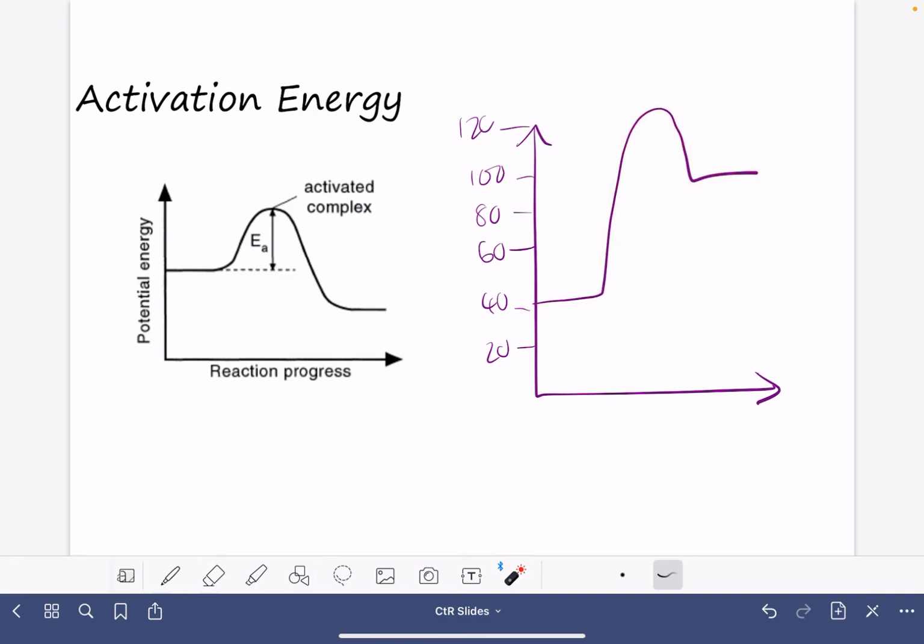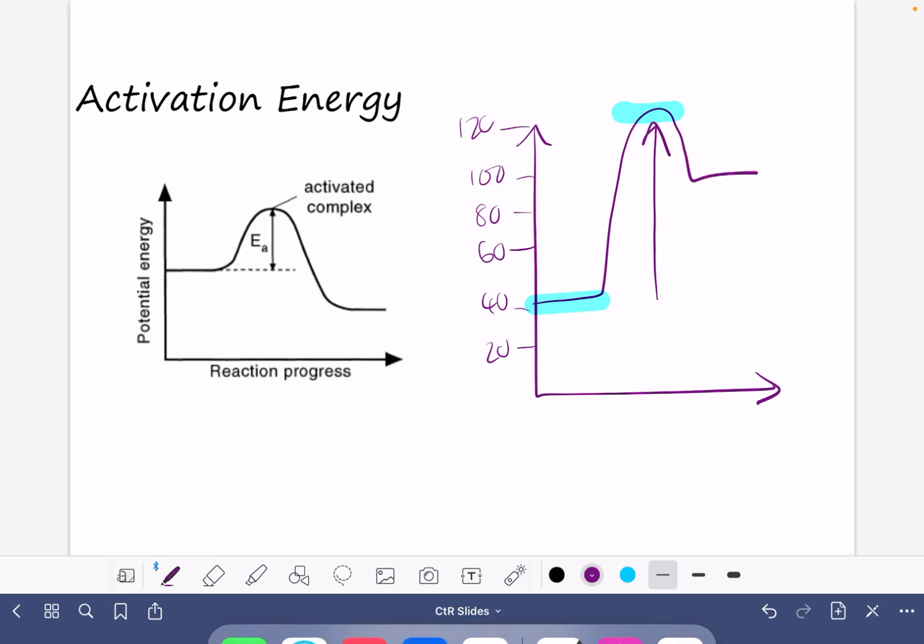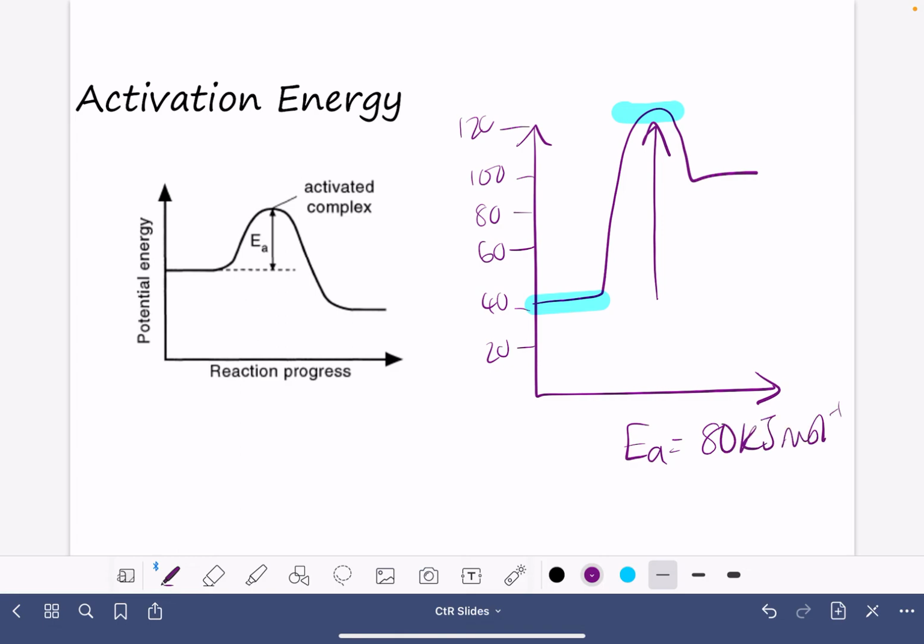That's the energy that the reaction has at any one moment. So to calculate the activation energy, we're looking at the difference between the start and the highest point, okay? So we're going up from 40 to 120, so that's 80. So that activation energy would be 80 kilojoules per mole, okay?